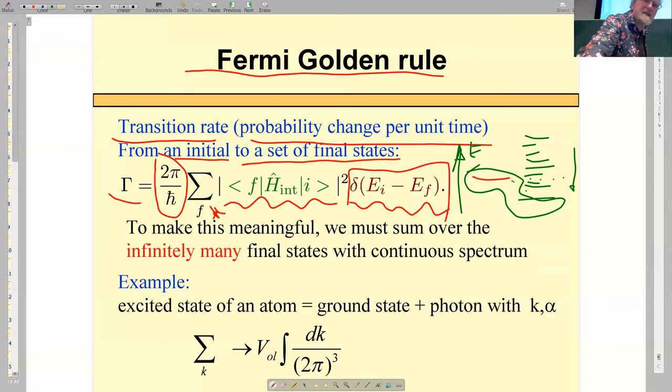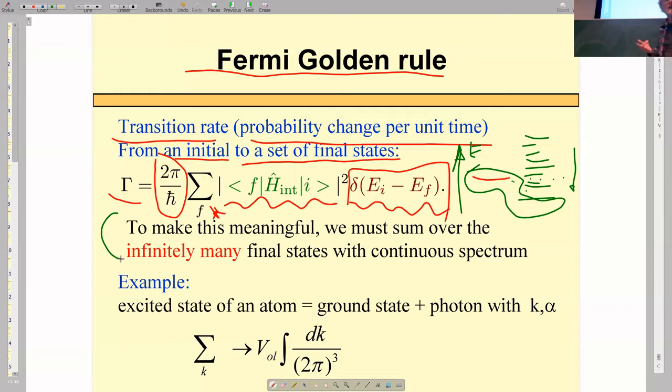So pay attention to this. To make this formula meaningful, you should make the spectrum of final states a continuous one. You cannot use a discretized spectrum, otherwise you would have either zero or infinity, which would make no sense.